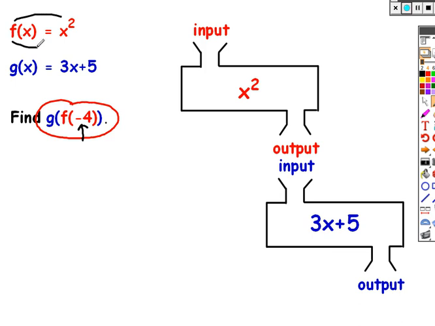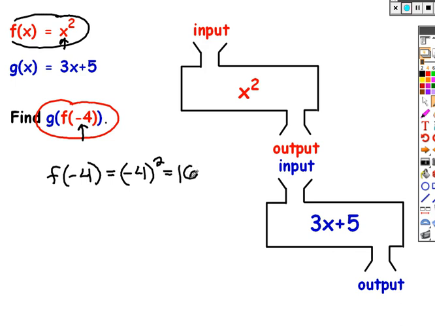Anywhere I see an x, I need to plug in negative 4. f of negative 4 would be negative 4 squared, which is just 16. So if I think of the machine, I'm plugging negative 4 into function f, I'm squaring negative 4, and what should come out is 16.